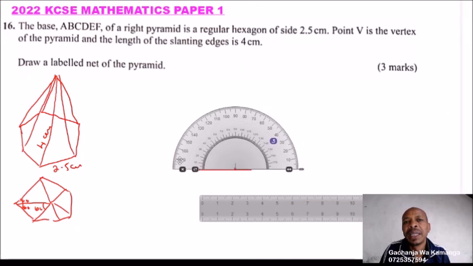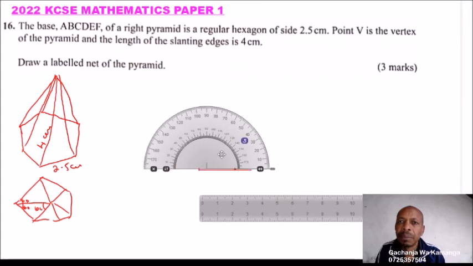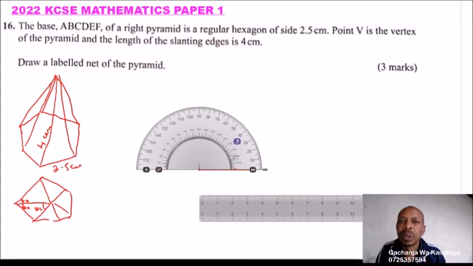So we can bring our protractor here, and to draw an angle of 120, I'll draw it like that. 120.